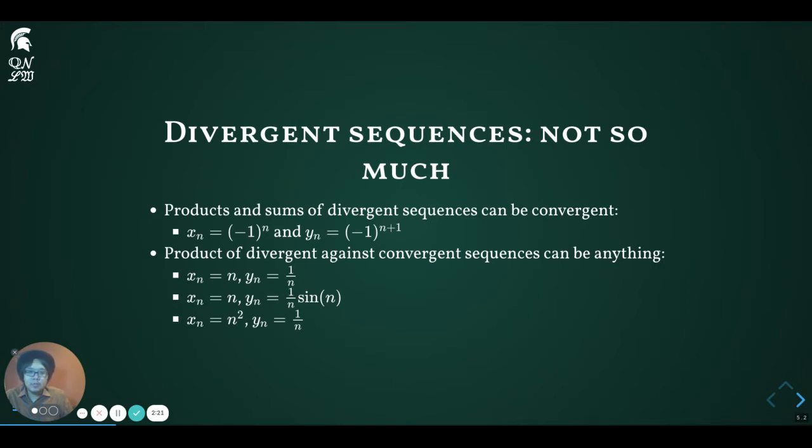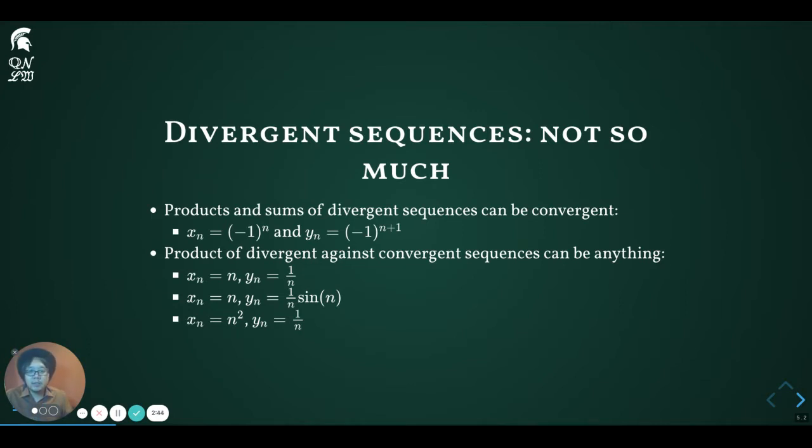Furthermore, we also see that the product of a divergent sequence and a convergent sequence depends a lot on the details of how the divergent sequence diverges and how the convergent sequence converges. In the examples shown, x_n always represents the divergent sequence and y_n the convergent one.